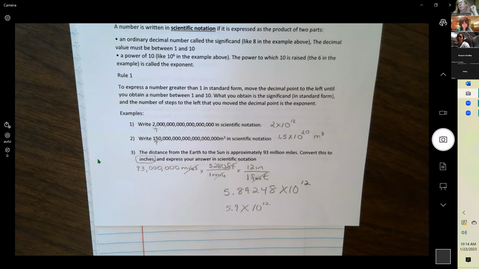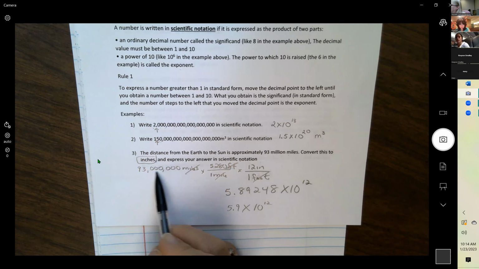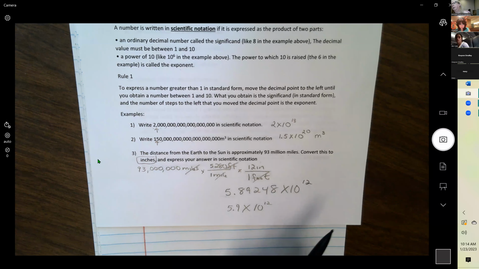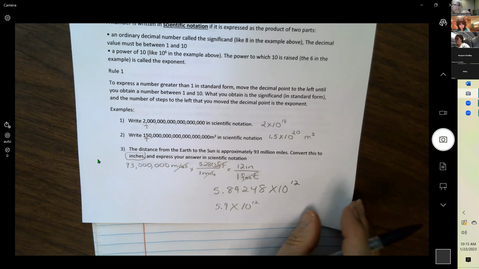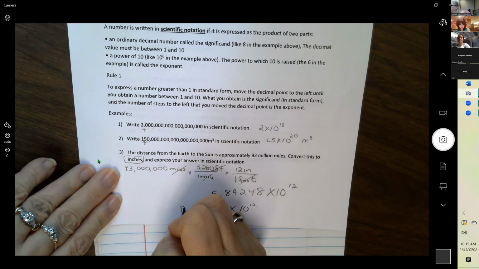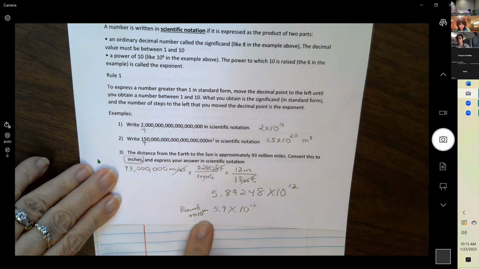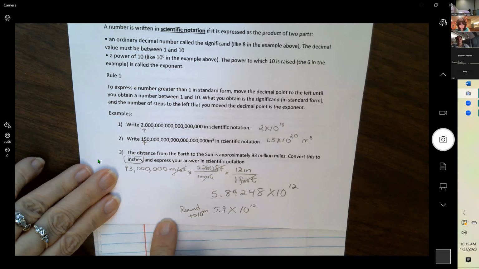There might be 1 or 2 basic problems that use significant digits. The way this is written, all of these are significant. These are not, but we get into that in, I think it's section 1.4. So this one would be write the scientific notation and then round to the 10th.